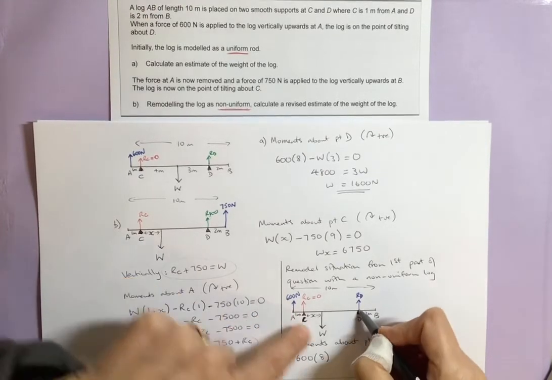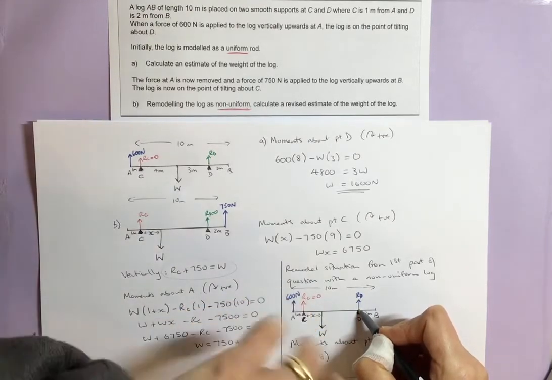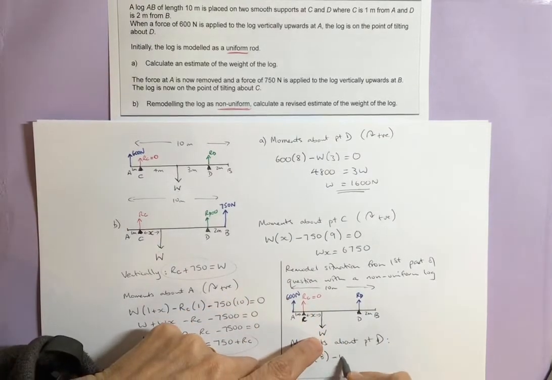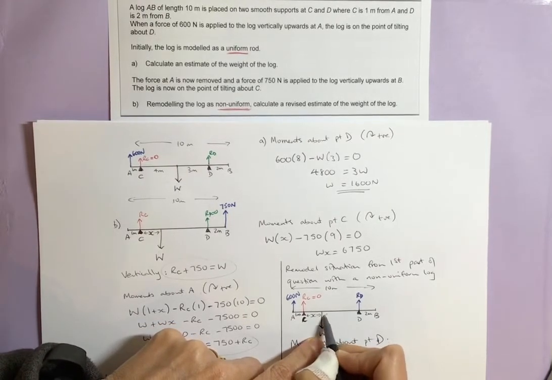And then, what else? Then my W, my weight, is acting down here, so tending to turn this thing anti-clockwise. And then I want the perpendicular distance of W from D, so I want this distance here. So let's have a look at that.